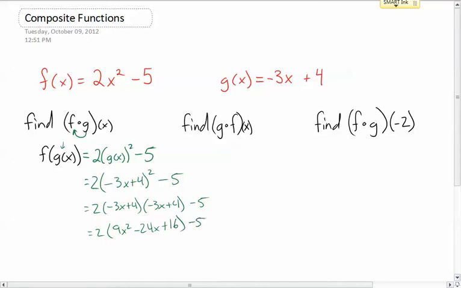Then we should be able to distribute the 2. So 18x squared minus 48x. The 2 times 16 will be 32, minus 5 is 27. And so this is f of g of x.